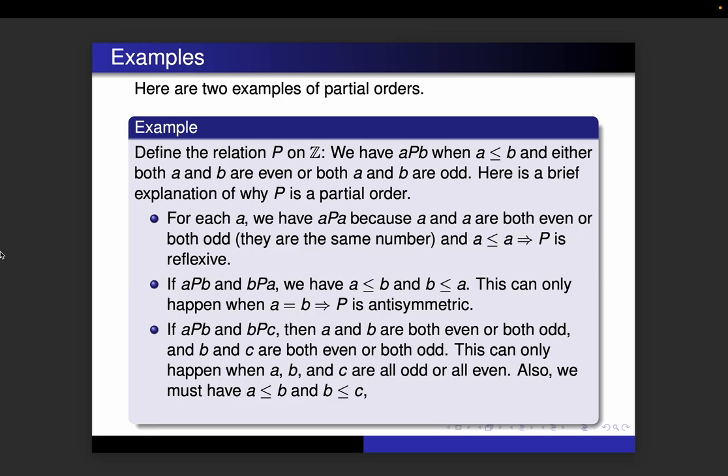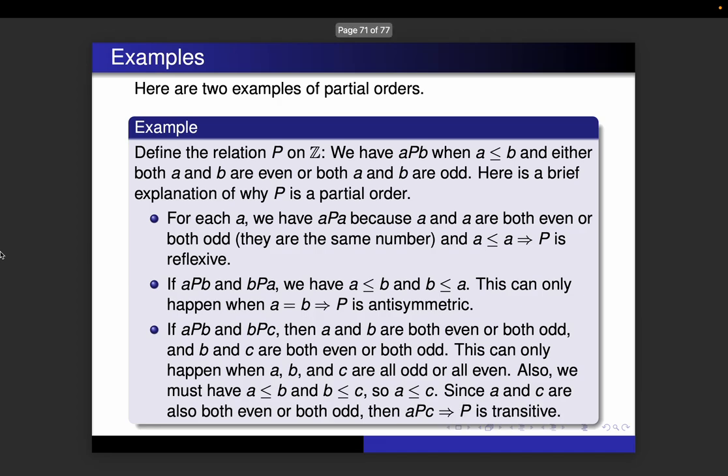And since we have A is less than or equal to B and B is less than or equal to C, that tells us that A is less than or equal to C. So what do we know? A and C are either both even or both odd. A is less than or equal to C. That means that A is related to C, and therefore P is transitive. So it's a partial order.